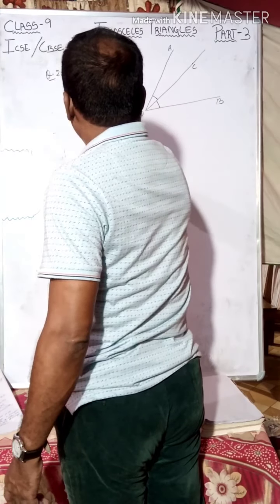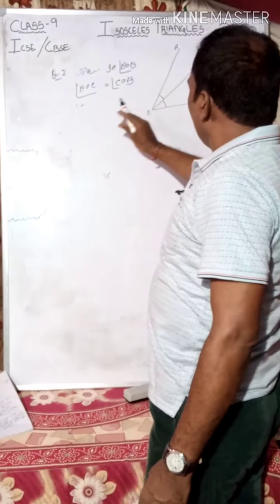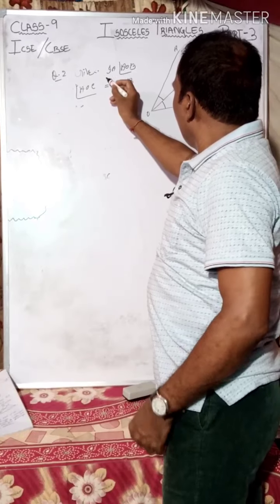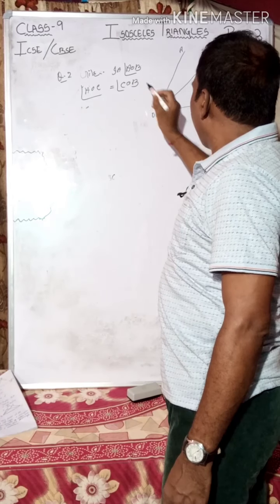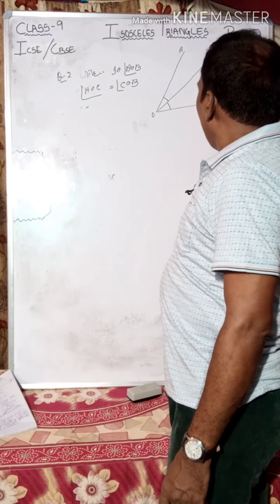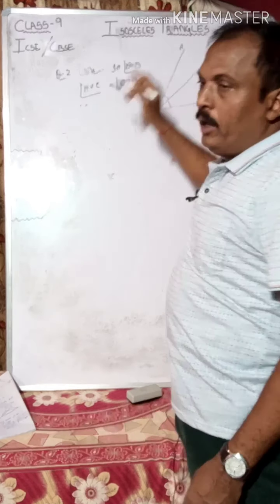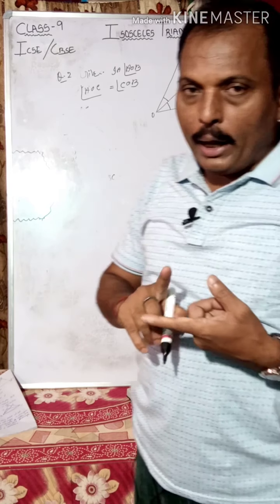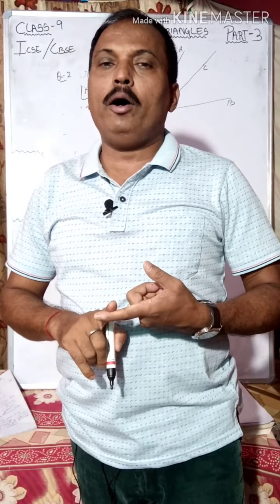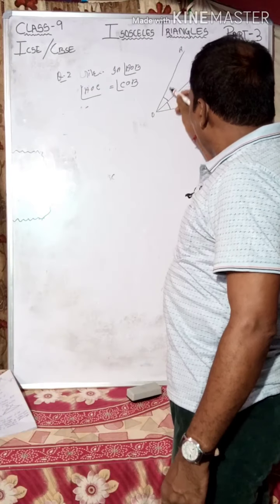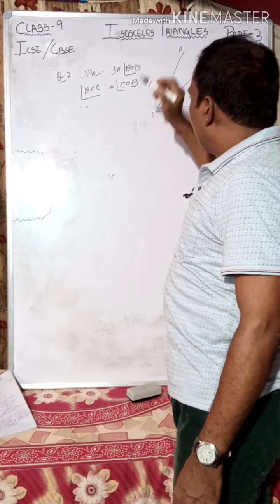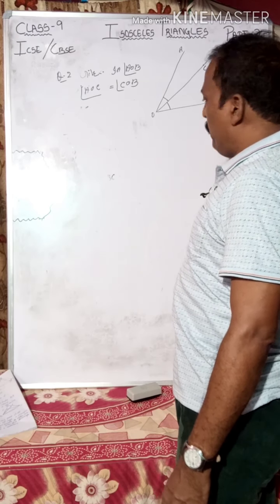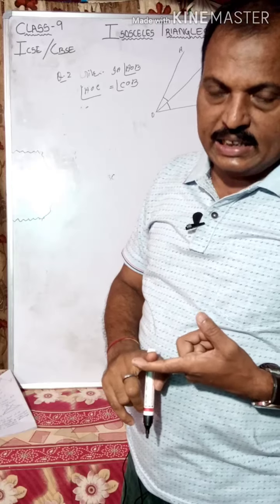On OC, angle AOC is equal to angle COB. Then in triangle AOB, this is the bisector, and from this point we draw a line parallel to either arm of the angle. The two arms are OA and OB, which are called adjacent sides.